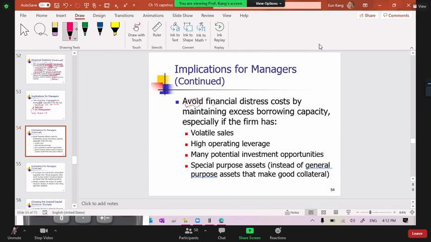And then avoid financial distress caused by maintaining excess borrowing or reserve borrowing capacity, especially if the firm has, look at this, volatile sales, kind of risky. Your company is risky, right? And high operating leverage, like this is higher risk, higher business risk, right?